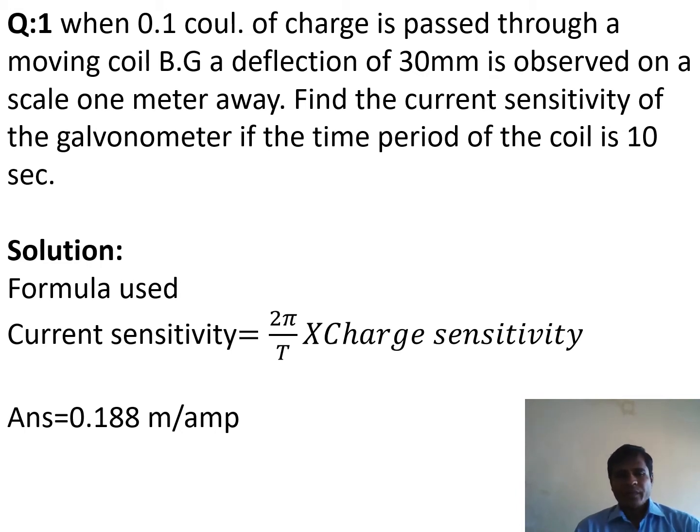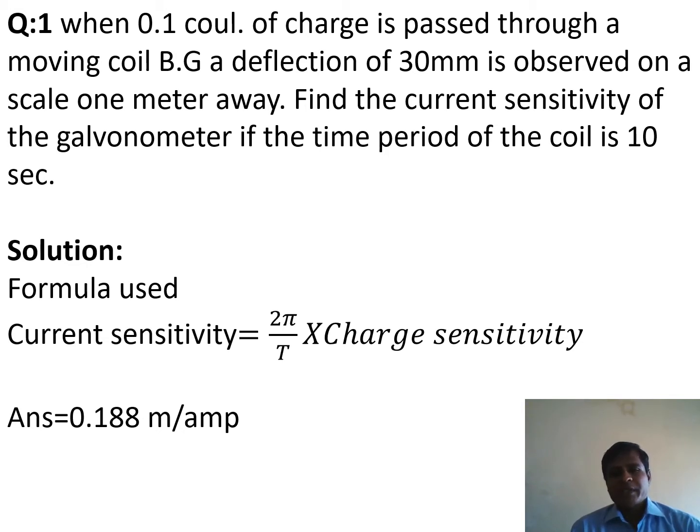Solution. The formula used here is current sensitivity is equal to 2 pi upon T multiplied by charge sensitivity. And we know that the charge sensitivity is equal to deflection upon charge. So the deflection here is 30 millimeter, so in terms of meter, it will be 30 into 10 to the power minus 3 meters upon 0.1 coulomb.